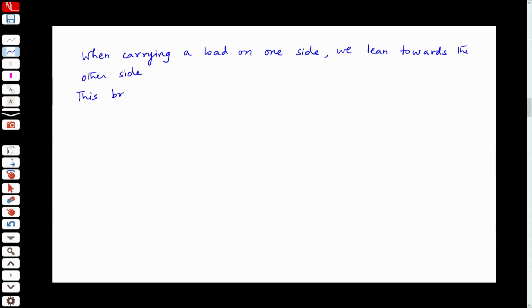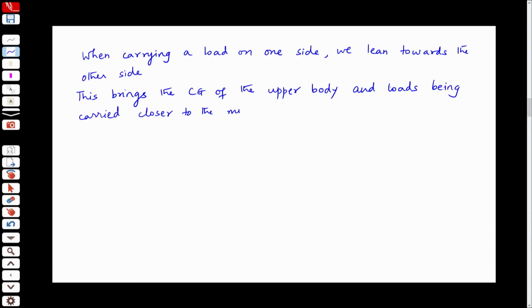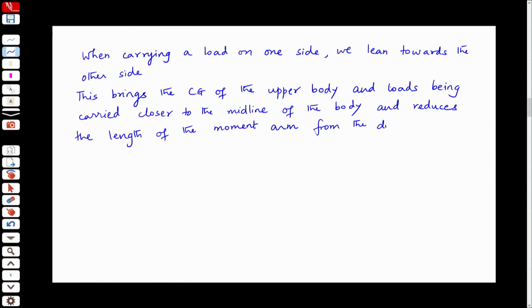This brings the CG of the upper body and loads being carried of the body and reduces the moment from the distal hip joint.